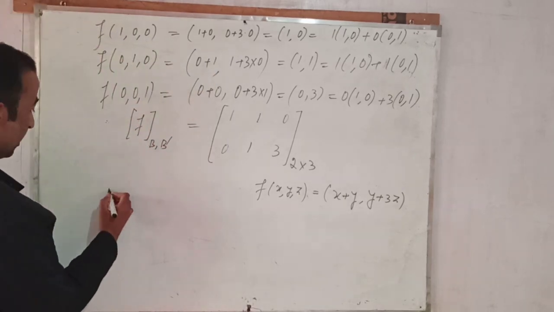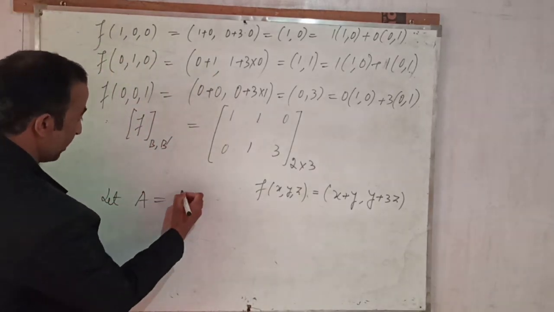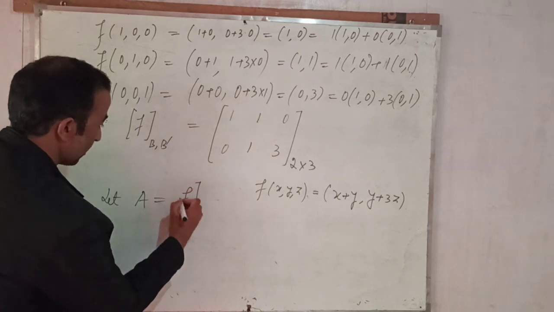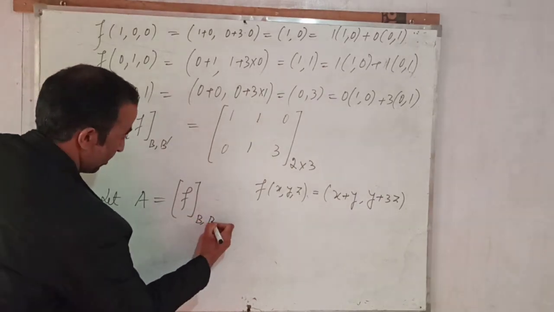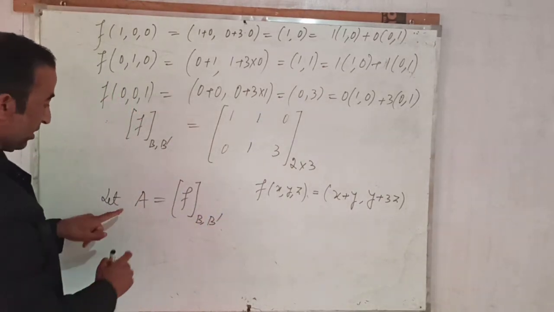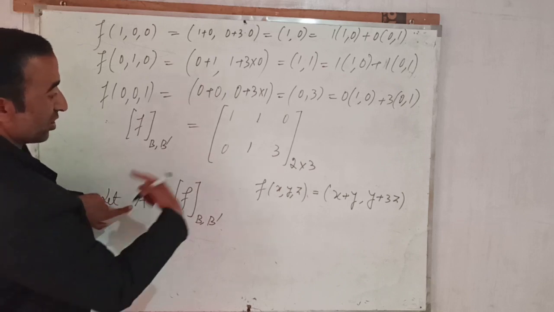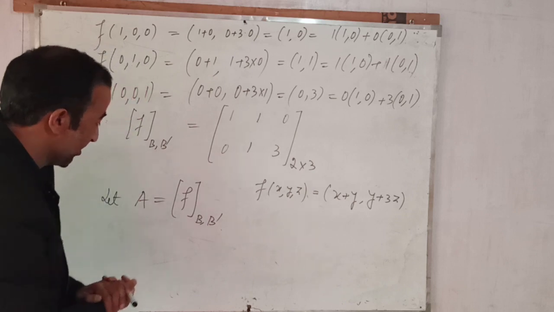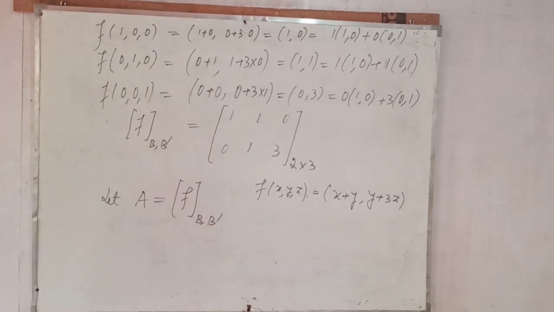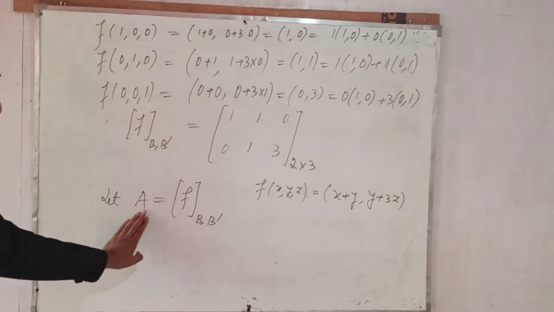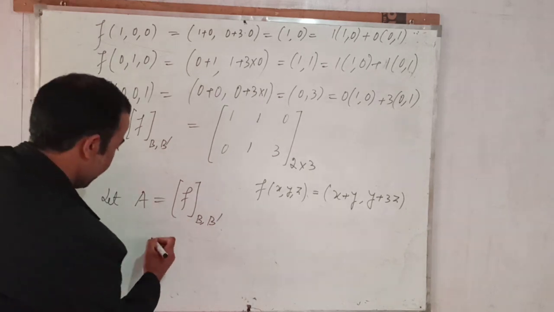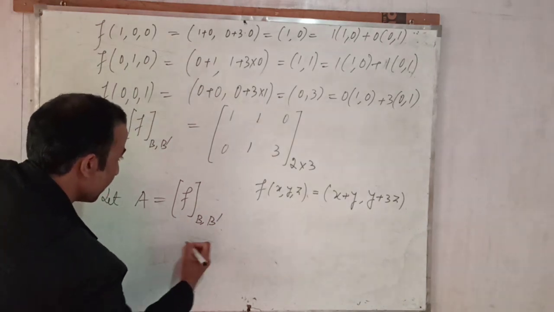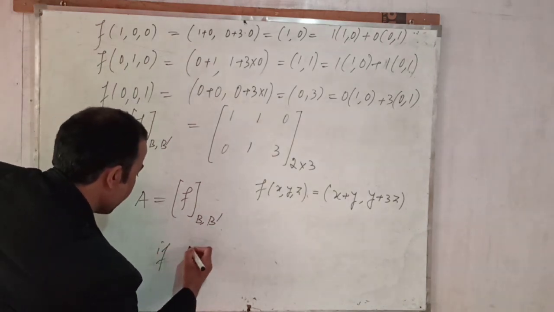So if I let A denote this very matrix of f from B to B dash, then this A must give me the corresponding f. I told you before this construction how we construct f.